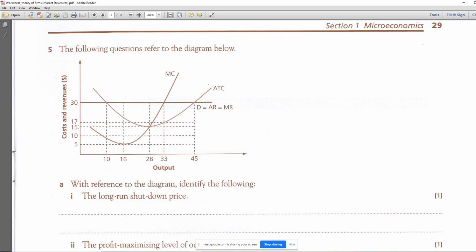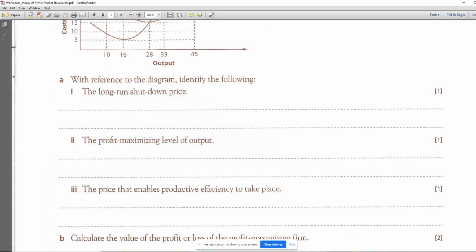At 15, when we're setting it at 15, we are at the lowest point of the average total cost. 15 as a price and 28 as the output. So that is where you can find productive efficiency if you sell at that price.